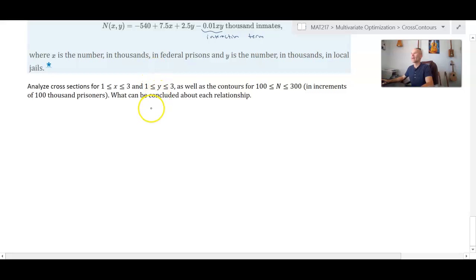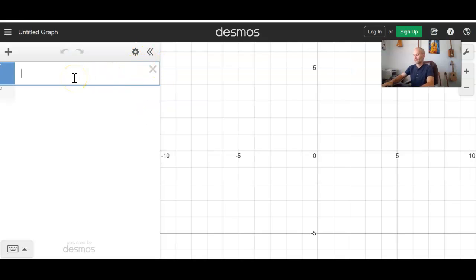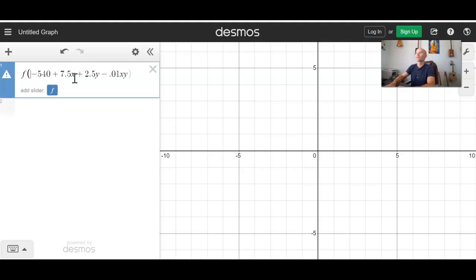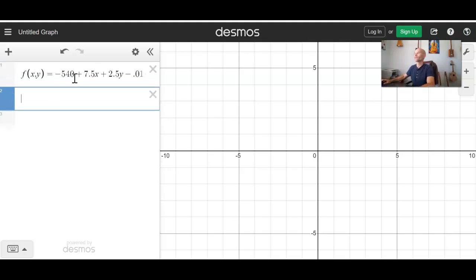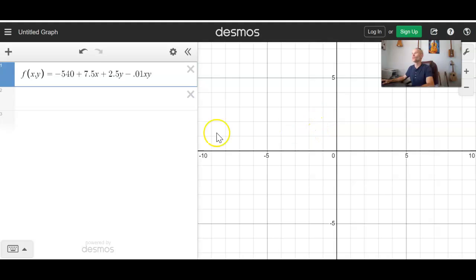So I'm going to type in negative 540 plus 7.5x plus 2.5y minus 0.01xy. All right, there I have a function defined, but I'm not going to be able to plot this in 3 dimensions. This is a 2-dimensional grapher.